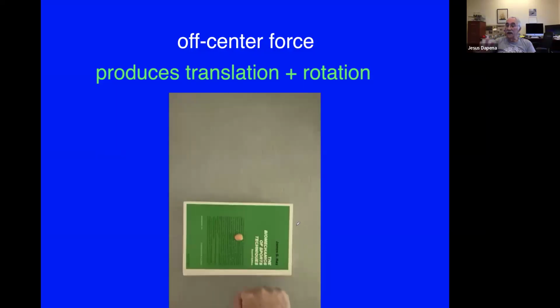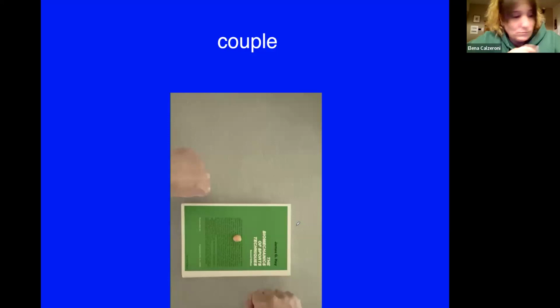Okay, now the third example, I'm going to be making something called a couple. A couple can be 2 things, right? 2 eyes, 2 ears, 2 hands. But in mechanics, a couple has a very specific meaning. A couple is defined as 2 forces that are equal and opposite, and they have different lines of action.